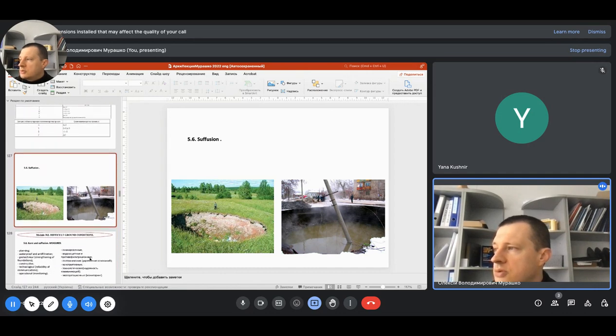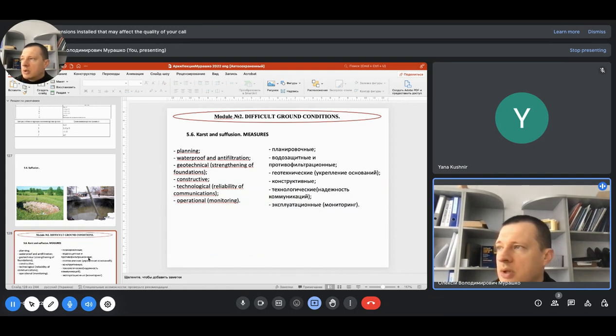And what do we have to do when we are working on karst or suffusion hazardous territories? First of all, we have to work with correct planning. We have to protect our surface from collecting of water, because all collected above ground waters will move underground and make their deal.